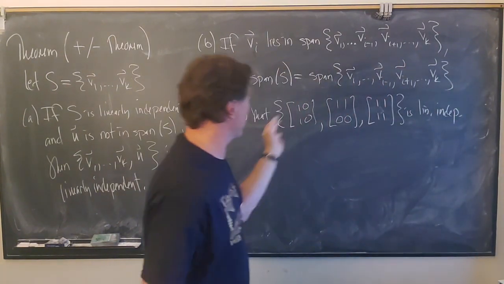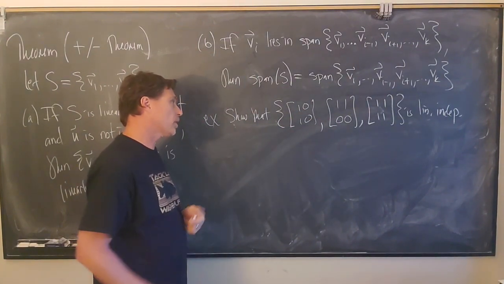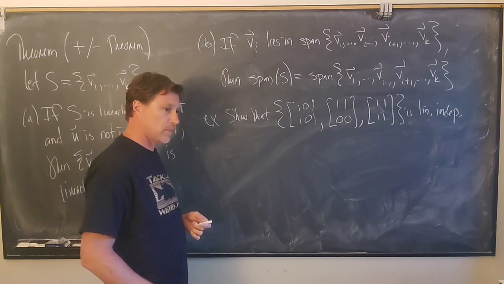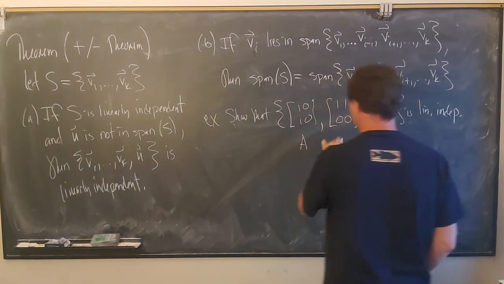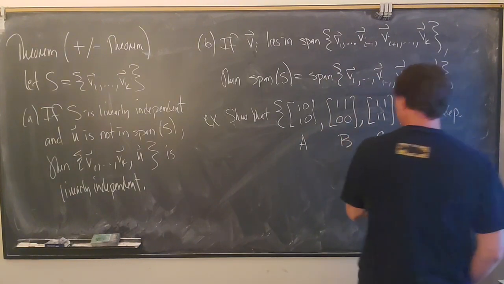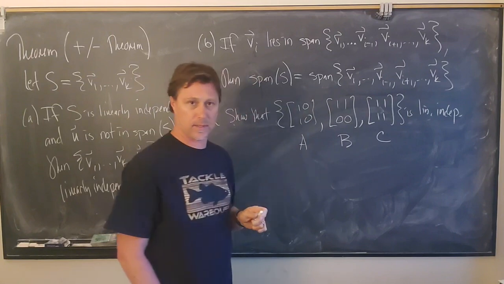So we've got this collection of vectors in M sub 2,2, and we want to show that our set is linearly independent. Now, I want to use the plus-minus theorem here. Let's call these matrices A, B, and C.